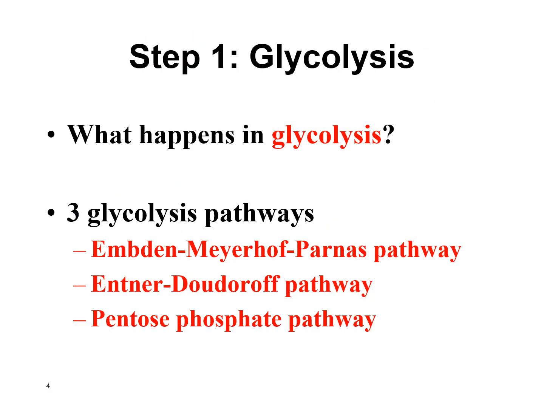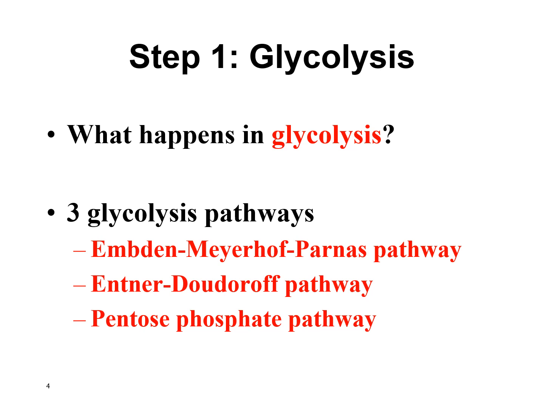The first step of aerobic respiration is glycolysis, and if you look at the name glycolysis, we're going to be splitting glucose in half because glyco is referring to glucose and lysis means to split or break apart.